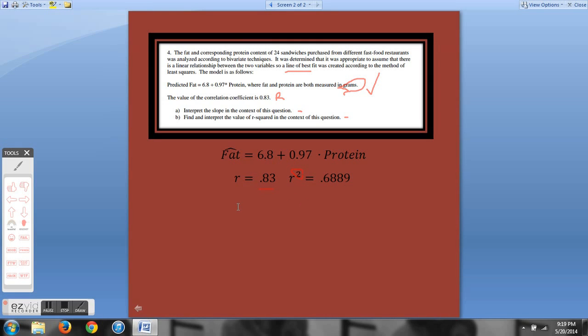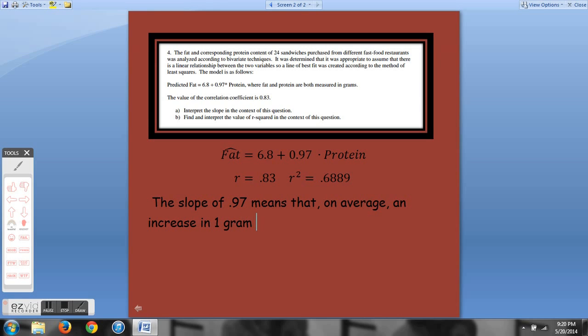We have our slope of 0.97. The interpretation should be that the slope of 0.97 means that on average, an increase of 1 gram of protein will correspond with the model prediction of an increase of 0.97 grams of fat.